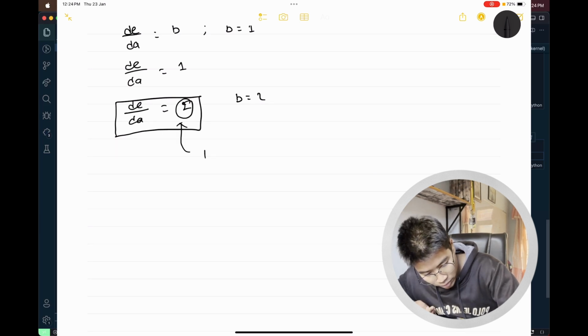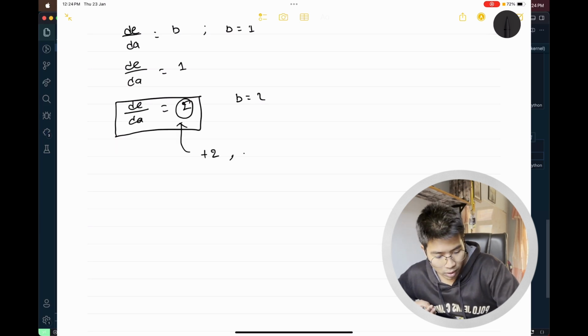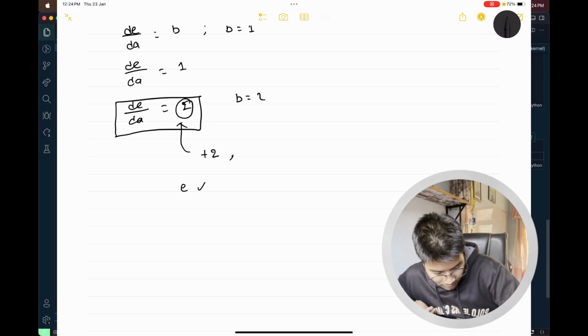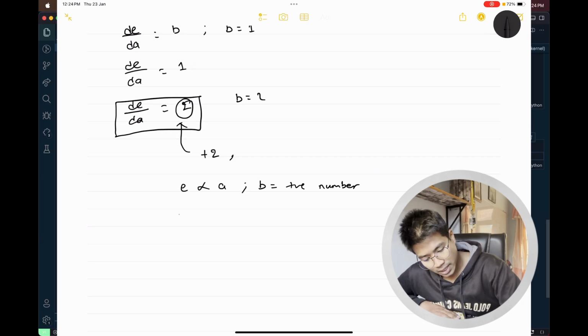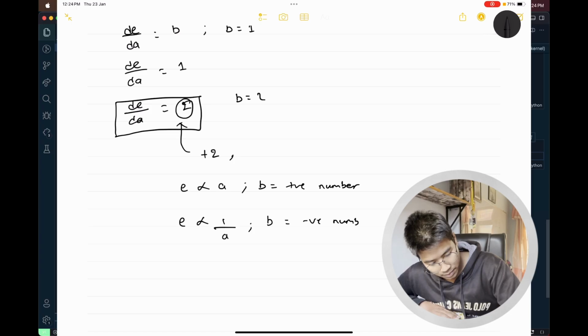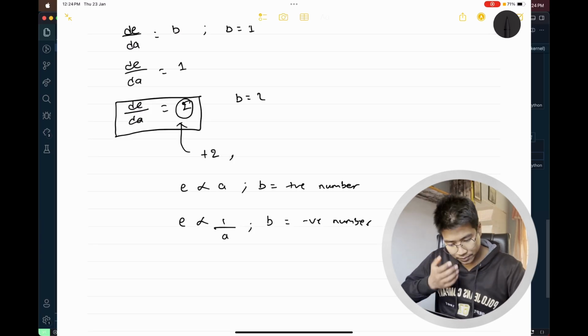This is a positive 2, which means E is directly proportional to A when B is 2, or B is a positive number, and E is inversely proportional to A when B is a negative number, because B is basically the gradient.